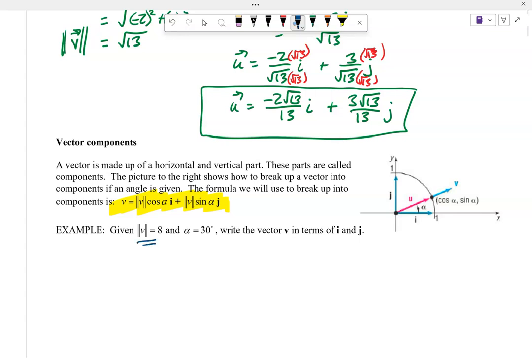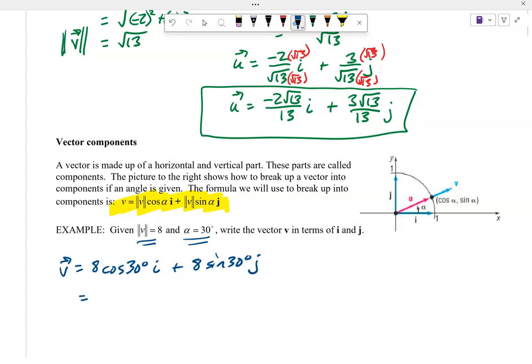So let's write this vector in terms of i and j. If we're given the magnitude and the direction, alpha being a 30-degree direction, let's write vector v in terms of i and j given that information. Vector v equals the magnitude, 8 cosine alpha i, plus 8 sine alpha j.